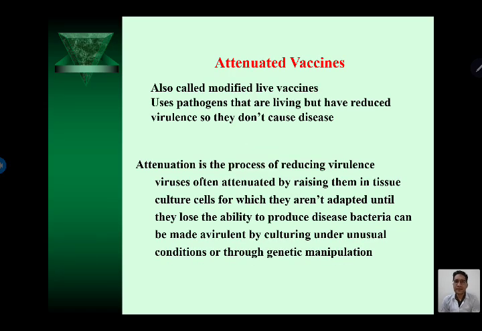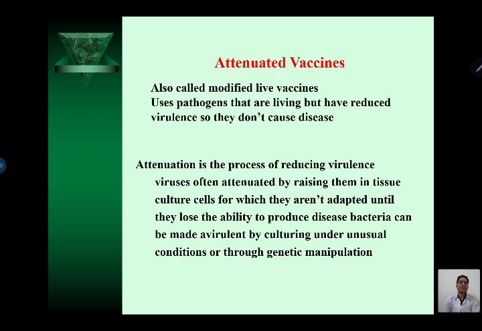The next one is attenuated vaccines, also called modified live vaccines. They use pathogens that are living but have reduced virulence, so they don't cause the disease. It means a very weak pathogen, so our immune system becomes strong and makes antibodies in our body.